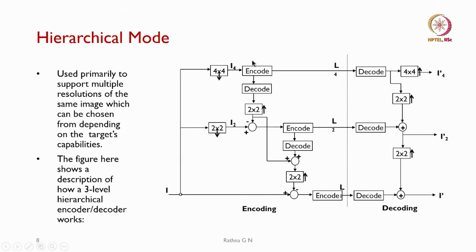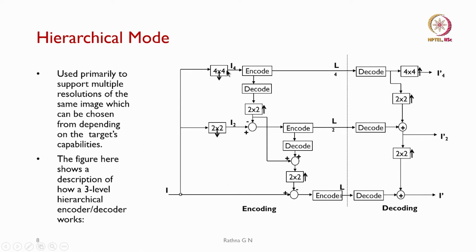The other mode you have to incorporate is the hierarchical mode. It is used primarily to support multiple resolutions of the same image, which can be chosen depending on the target's capabilities. The figure shows a description of how a 3-level hierarchical encoder or decoder is going to work. You have I as the image input.